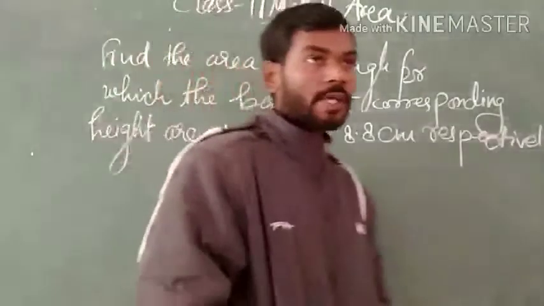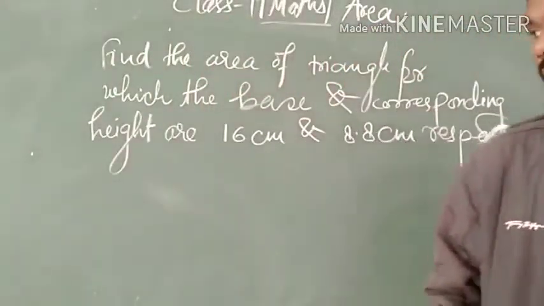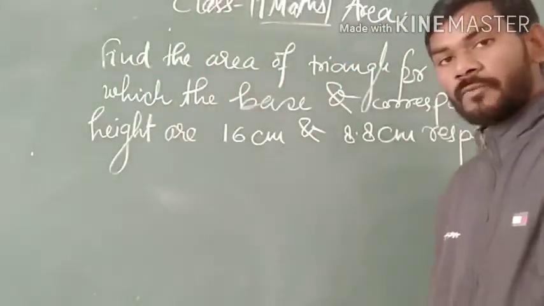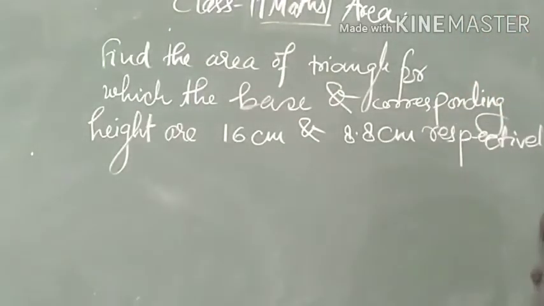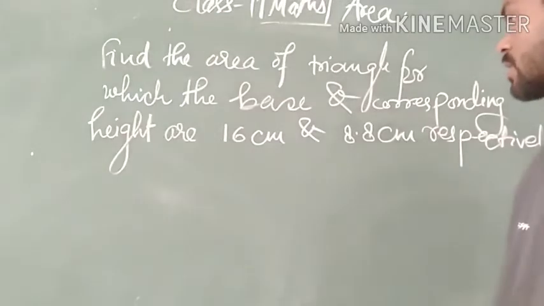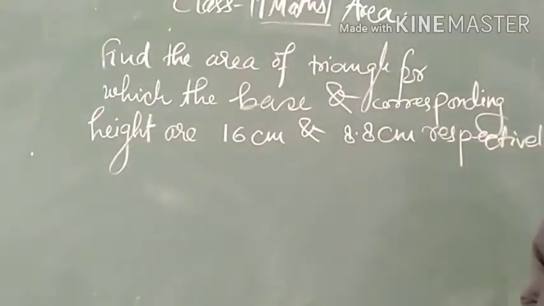This question is the basic of the area of a triangle. So now let's find out the area of the triangle for which the base and height are defined as 16 centimeter and 8.8 centimeter respectively.